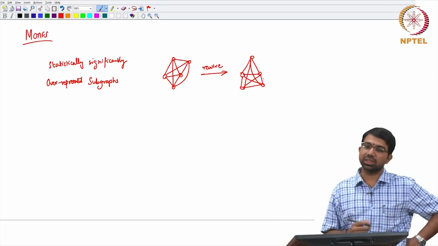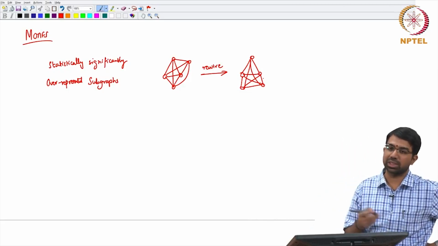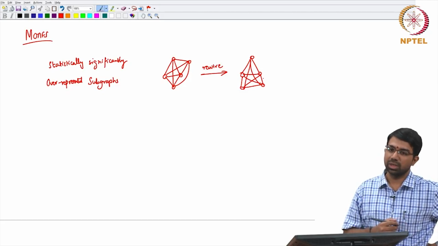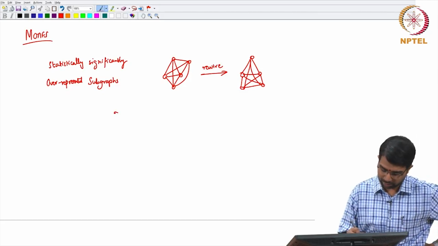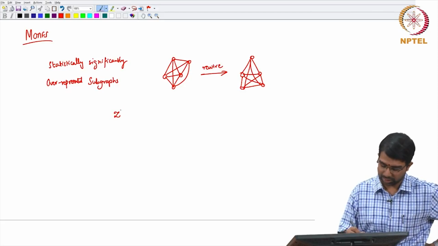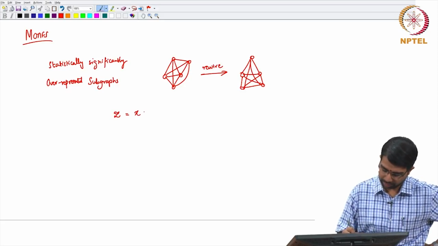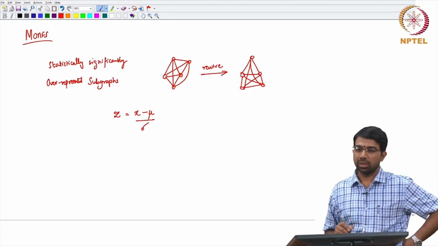So, what other measures of statistical significance can you do? A simple way to do is to look at the Z score. What is Z score? Right.